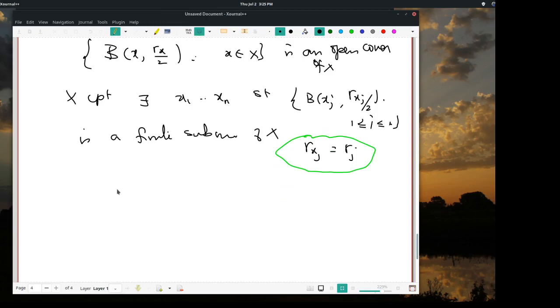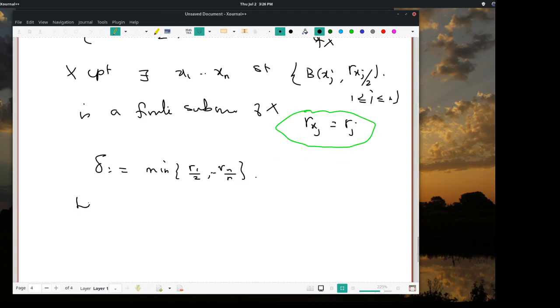Now what do I do? I will put delta to be the minimum of r1 by 2, and so on.